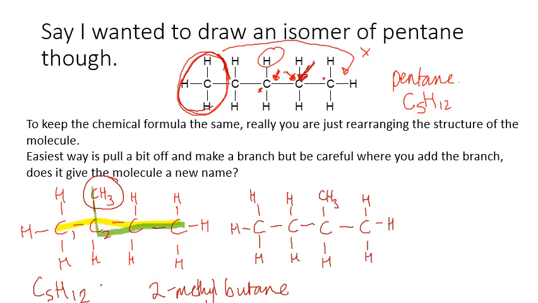Okay, and if it still has the formula, you can count it up. There is still 5 carbons, so C5, and there's still 12 hydrogens, which is H12. And if we look for the longest chain, 1, 2, 3, 4, or 1, 2, 3, 4, then we're still going to call it butane.